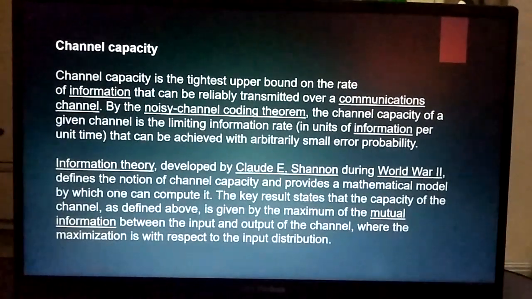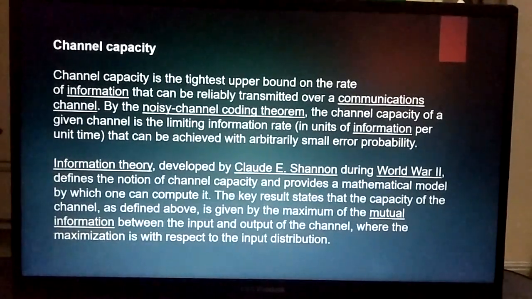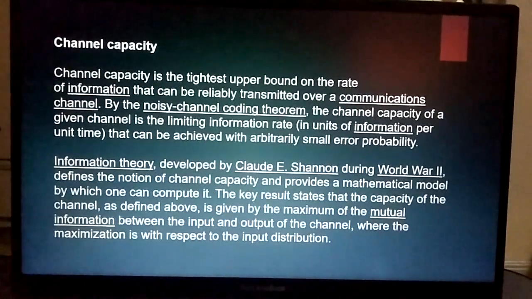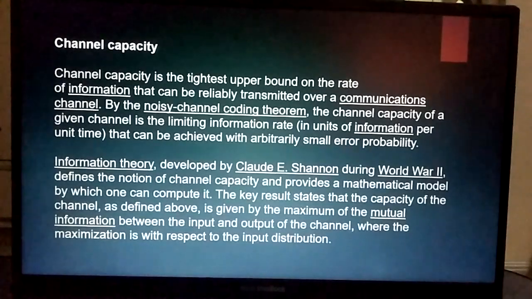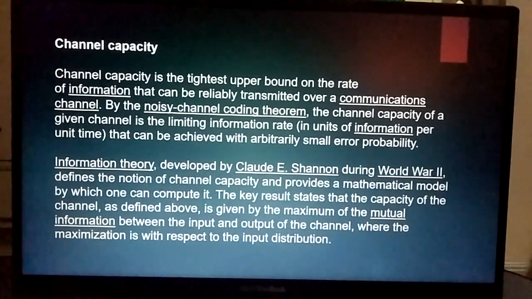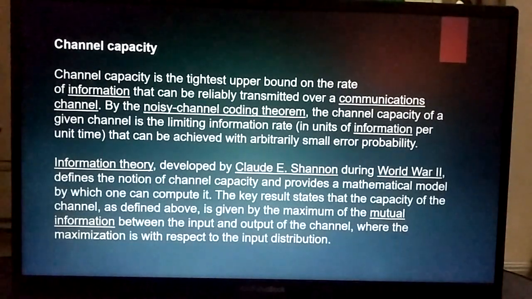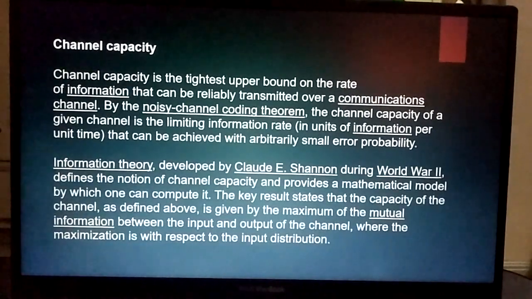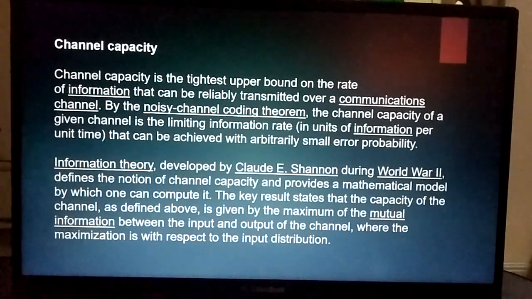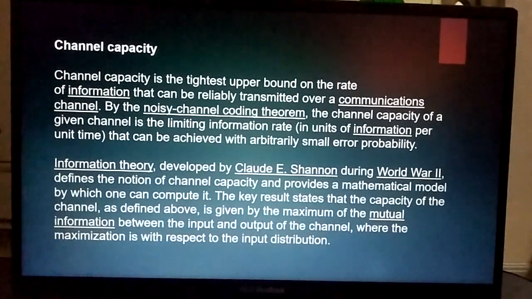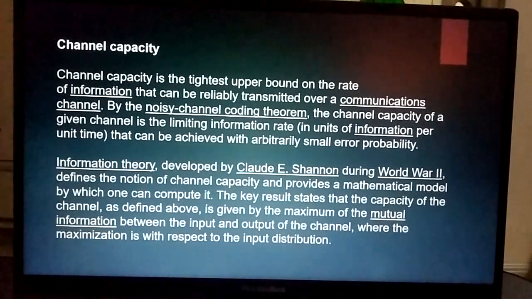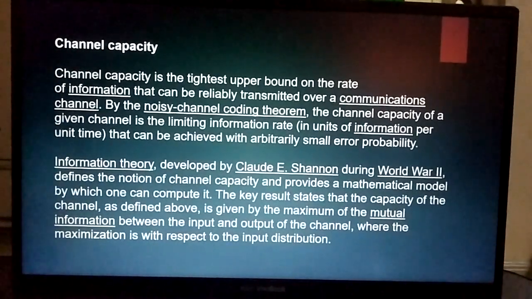Information theory, developed by Claude E. Shannon during World War II, defines the notion of channel capacity and provides a mathematical model by which one can compute it. The key result states that the capacity of the channel as defined above is given by the maximum of the mutual information between the input and output of the channel, where the maximization is with respect to the input distribution.